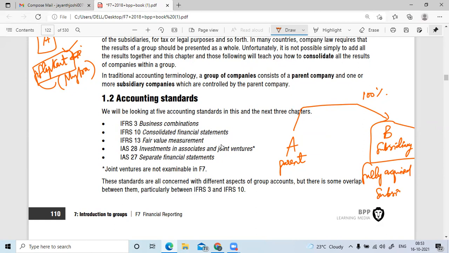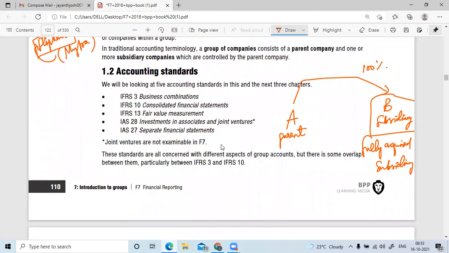Wholly owned subsidiary, fully acquired, wholly owned. You can say anything. But as far as consolidation rules are concerned, if A company acquires 51% or more shares in B company, then also A would be called B's parent, and B would be called A's subsidiary.